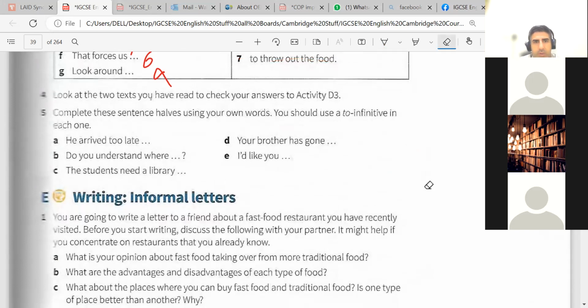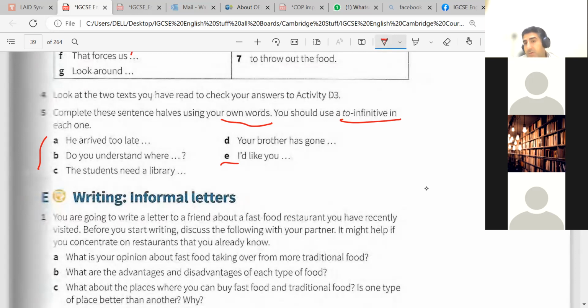What should we do? To end our session today, Shabab, please answer exercise 5 here. Complete these sentence halves using your own words. You should use to infinitive in each one. Please answer from A to E, giving me true sentences about yourself. You should finish in 3 minutes.